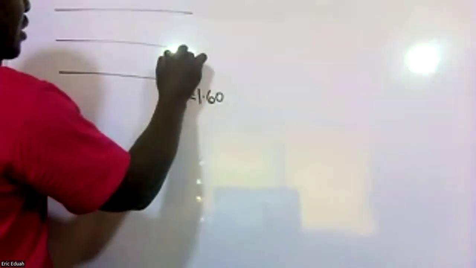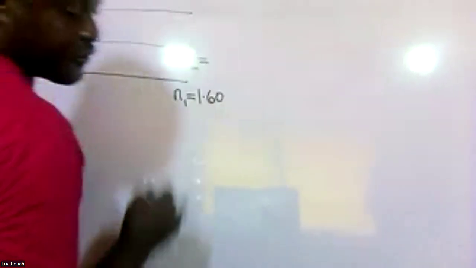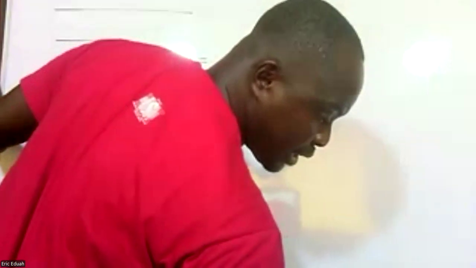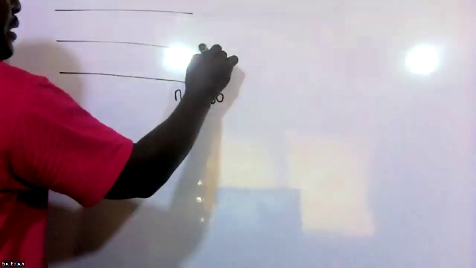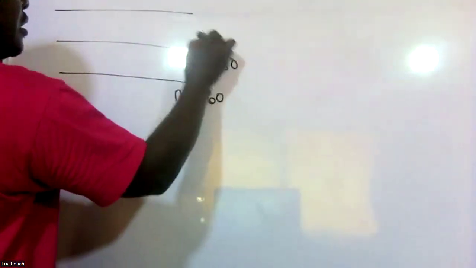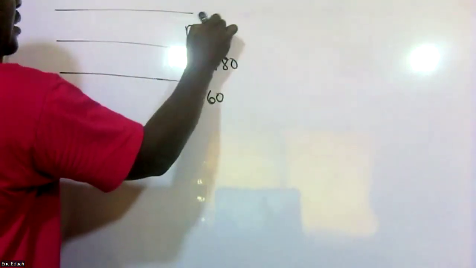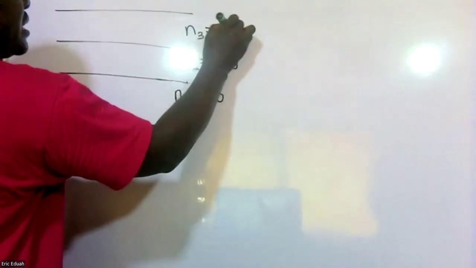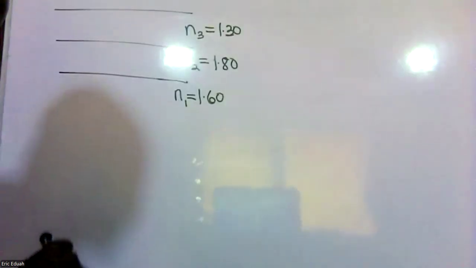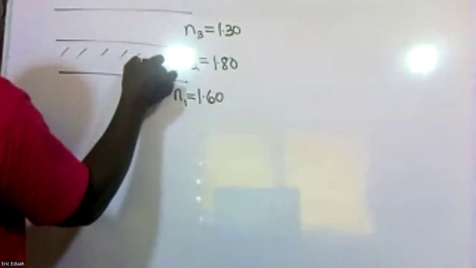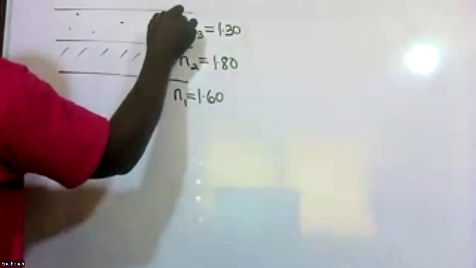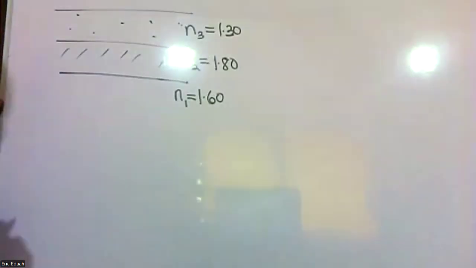This is material 2 of refractive index 1.8. This is material 3 of refractive index 1.3. So this is the first one.